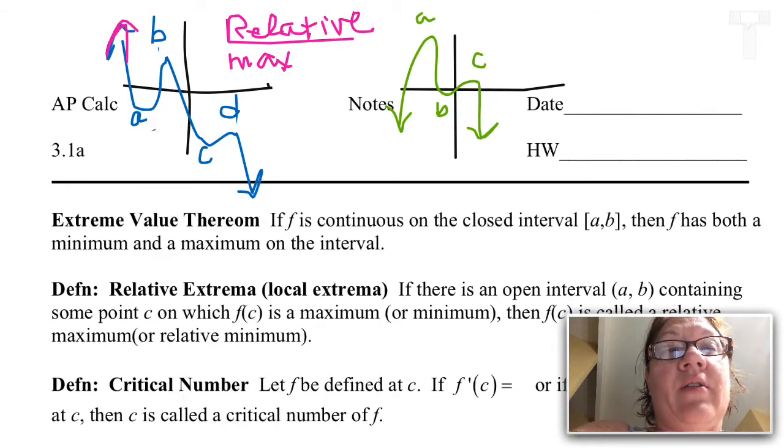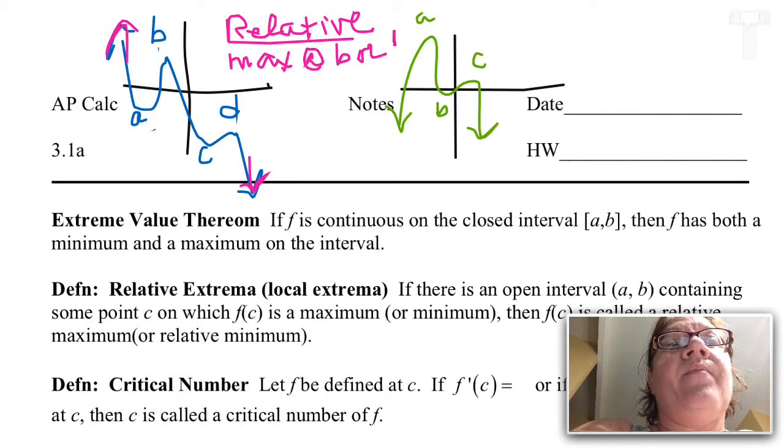And if I ask you for the absolute min, of course it keeps going, so there isn't one. So relative maximums would be the peaks, and of course those would be at B or D. And relative mins would be at the valleys, and of course those would be at A and C.